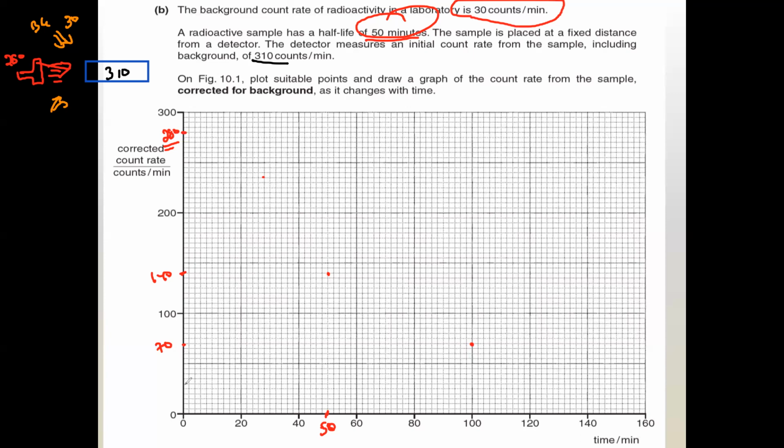Each box represents 5, so 7 boxes, because we need 35. This is 10, 20, 30, 35. And 150, because this was 100, then 150 will be here, and this will be 35, 7 boxes.